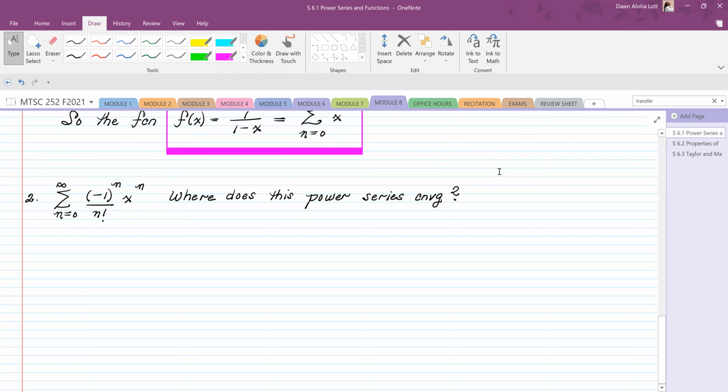Okay, so in order to do this test, we're going to say that for the ratio test, this whole thing becomes a_n, minus 1 to the n, x to the n over n factorial. Now, if you remember the ratio test, let's remind ourselves on the side of the page.